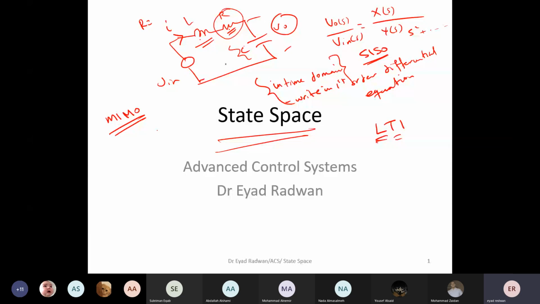So we said linear time invariant system is when the parameters do not change, but when the parameters of the system change, then the system becomes time variant.